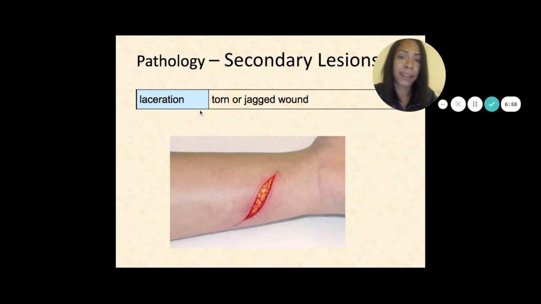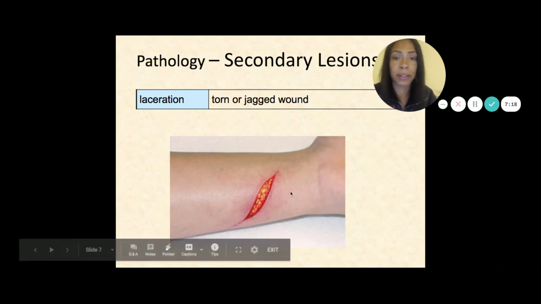Lacerations are going to be kind of like fissures, but they're going to be wet. So these are going to be wounds that are formed from some sort of tear or a cut. So if you cut yourself with a knife, or you cut yourself on a tree branch as you're walking through the woods, cat scratch, all of those are examples of lacerations. They're jagged, torn wounds.